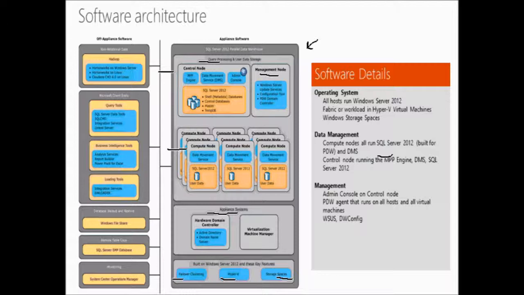The control node is the one node that you actually see from the outside, which has the MPP engine, the main engine of parallel data warehouse. Outside the appliance, you have query tools. We are using SQL Server Data Tools for accessing PDW, similar to SQL Server Management Studio.